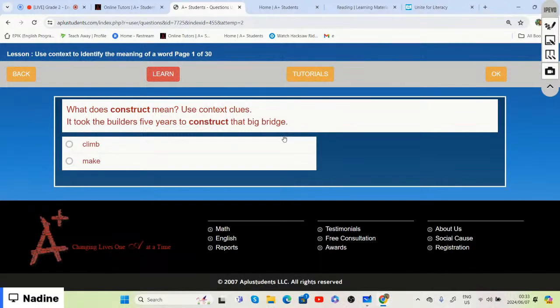So construct, is it climb or is construct make?